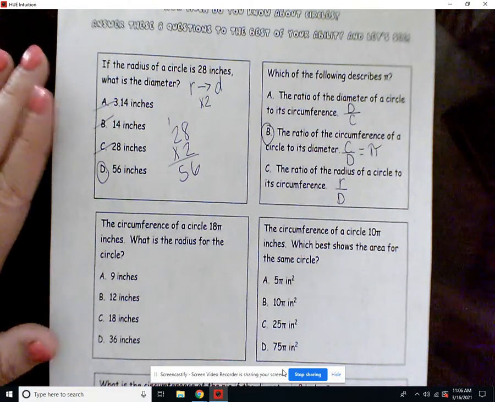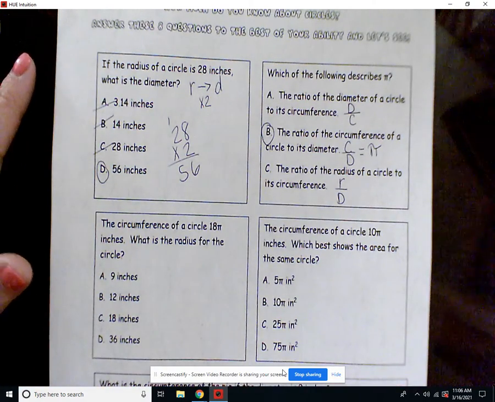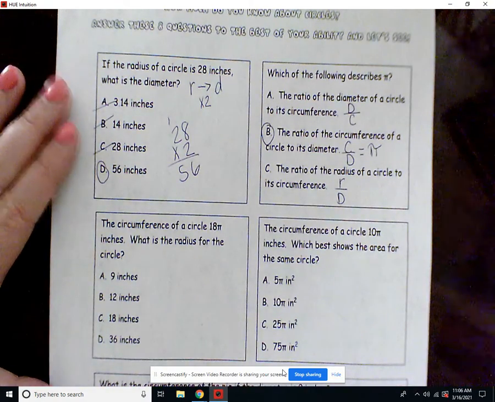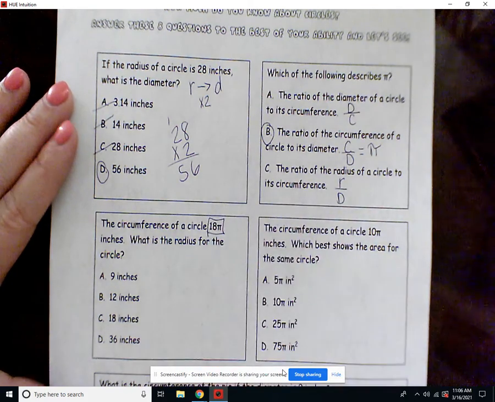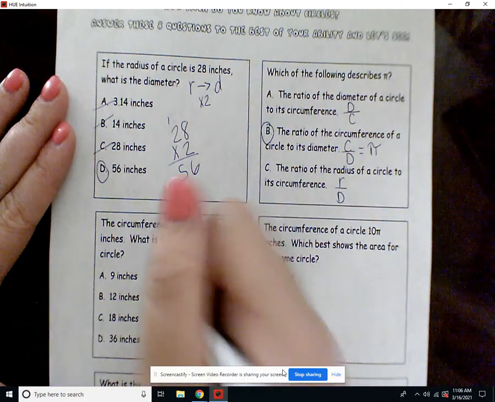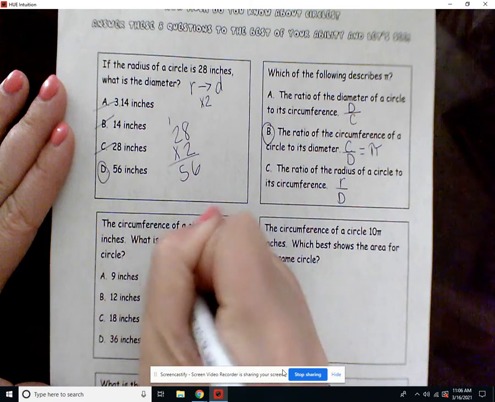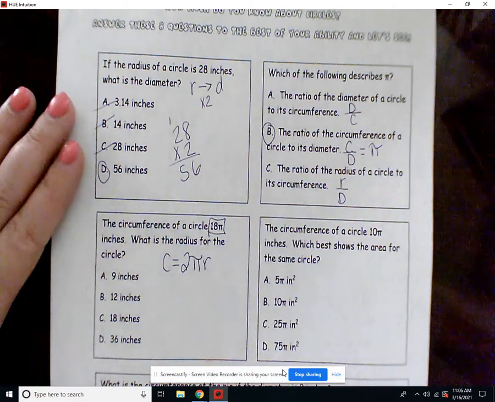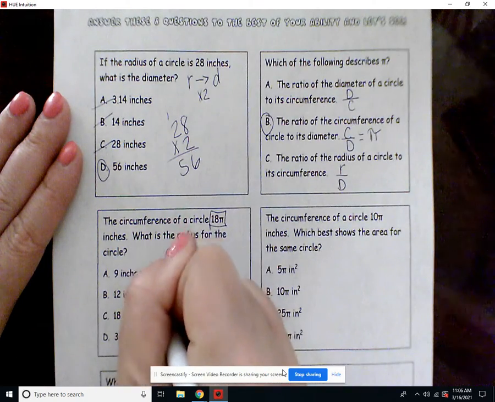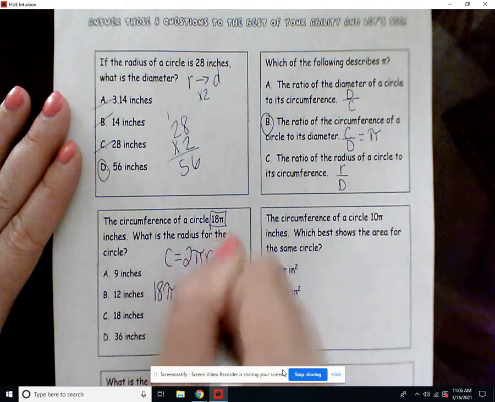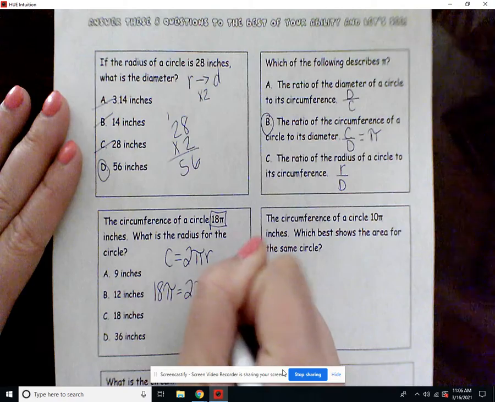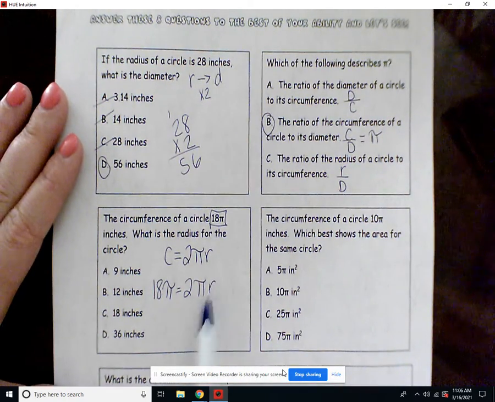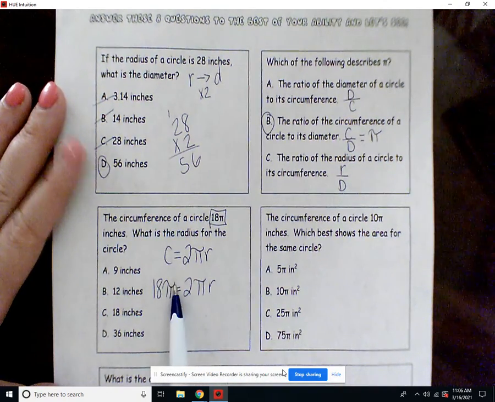The circumference of a circle is 18 pi inches. What is the radius? Okay, so this is the answer, and we're going to have to work backwards. So it's a little bit different. It says radius, so we're going to use our radius formula for circumference, 2 pi r. So C is 18 pi. I want to know, what does r have to be to make this true?